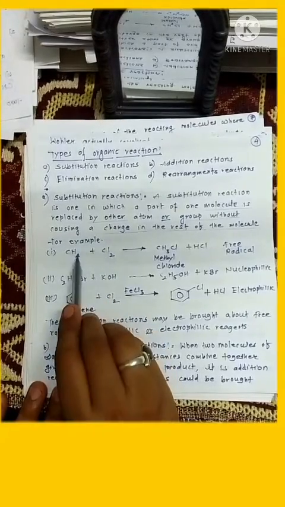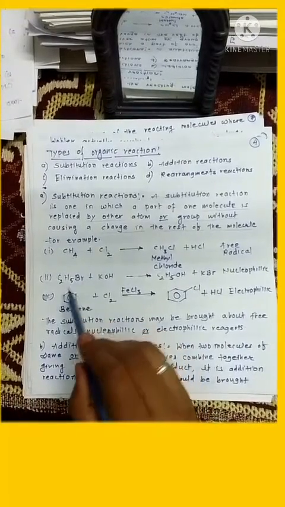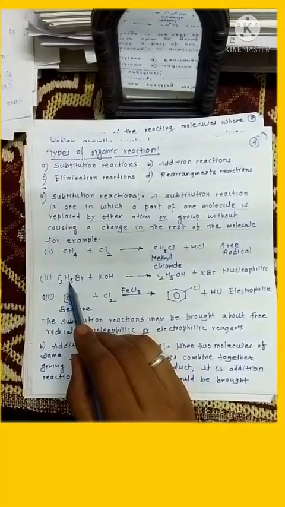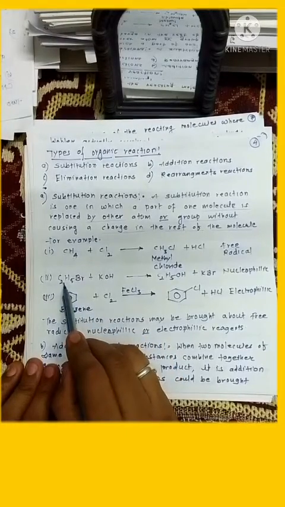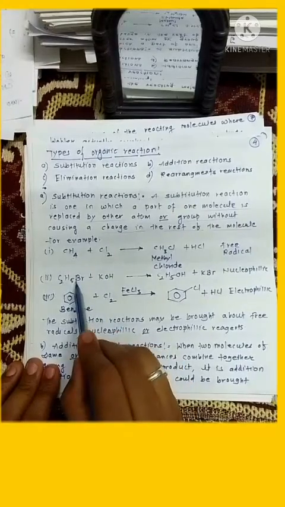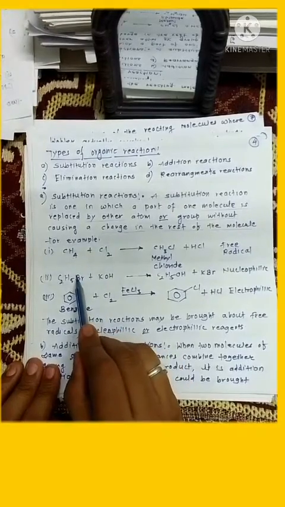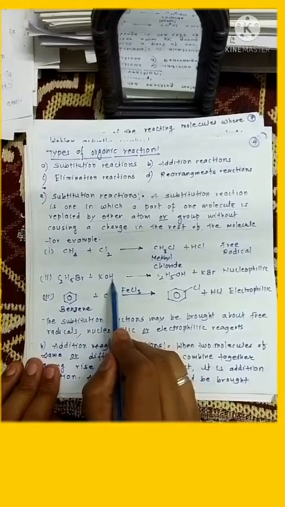So it is a substitution reaction. Just see the second reaction, that is ethyl bromide is reacted with KOH. In this reaction, bromine is replaced by OH.